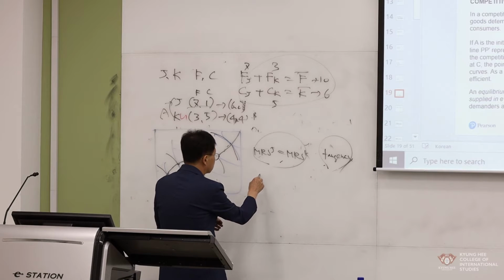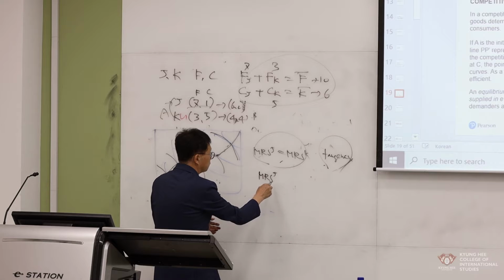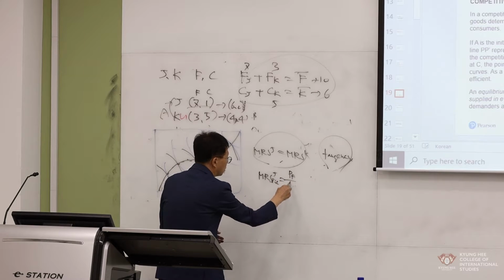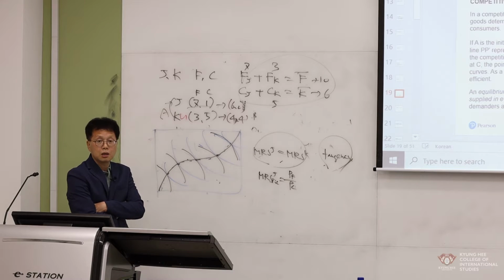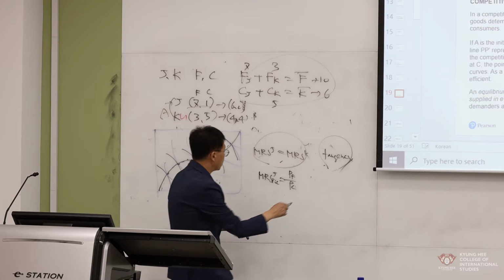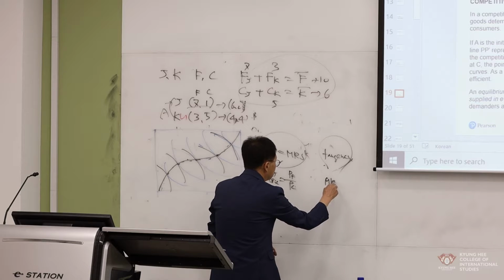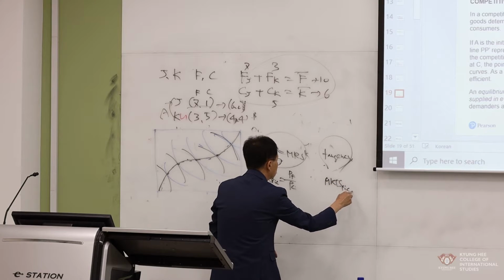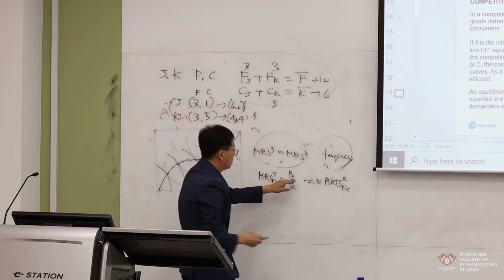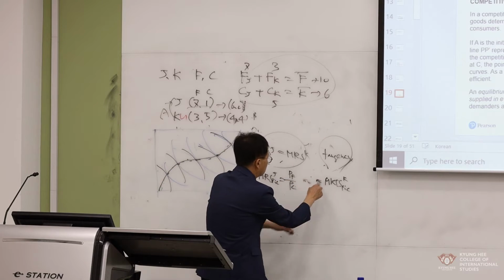So for James, MRS of James for clothing should be equal to PF over PC, right? Also, for Karen, MRS of Karen for clothing is equal to PF over PC, right?